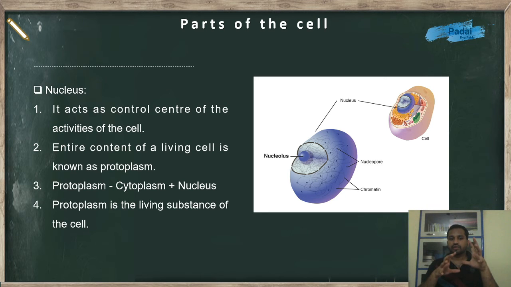It is nothing but the cytoplasm plus the nucleus, because in the cytoplasm many components of the cell are present, where the living activity is happening, right? Similarly, the nucleus is the action control center for any cell. That is why the cytoplasm and nucleus combined are said to be the protoplasm. It is the living substance of the cell.